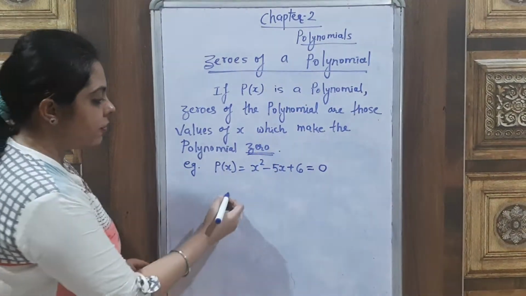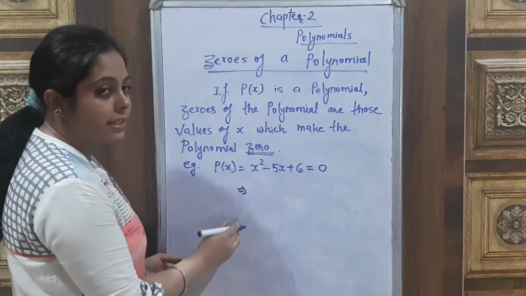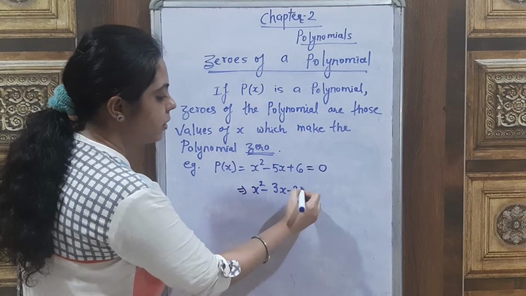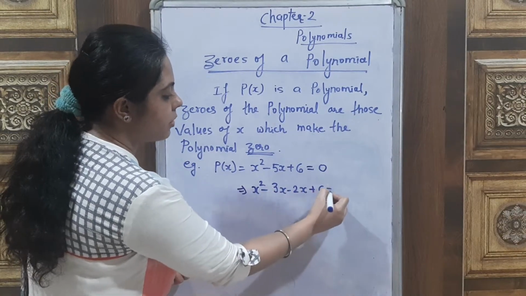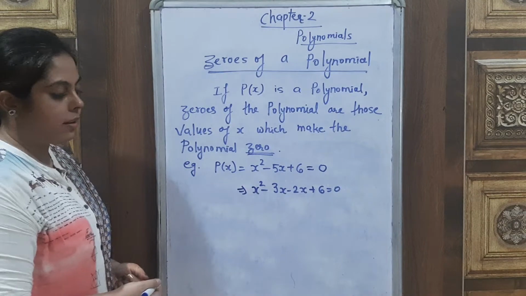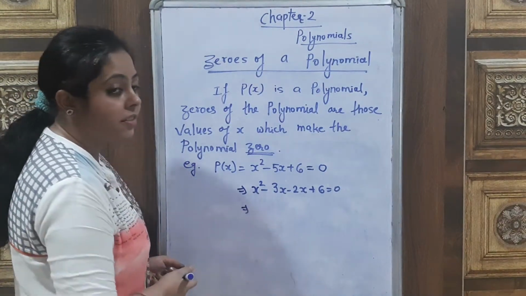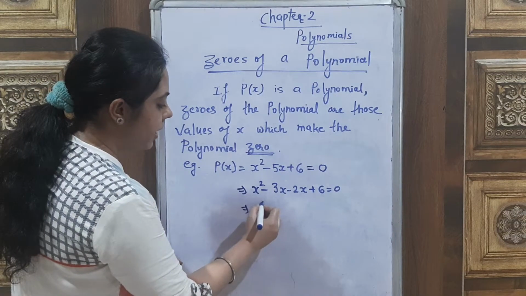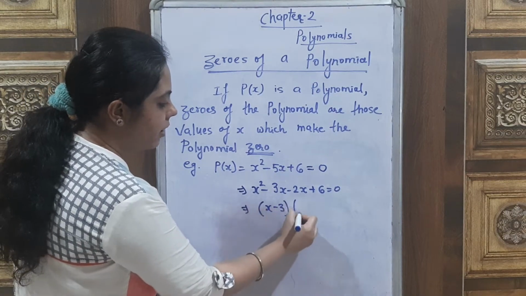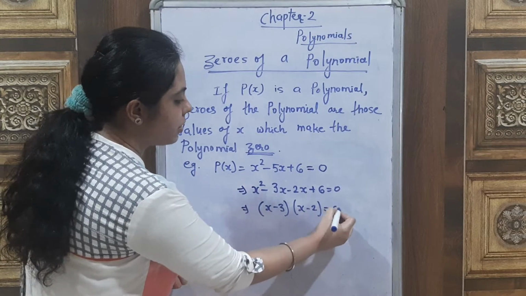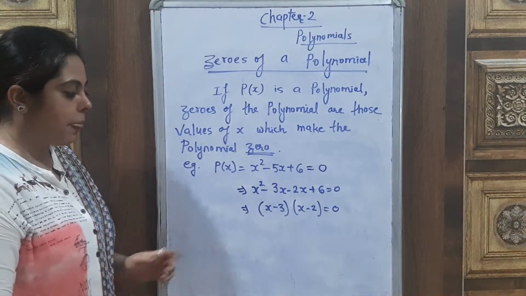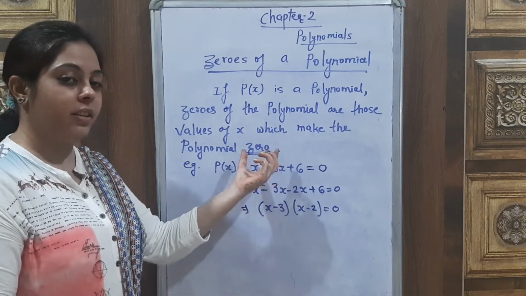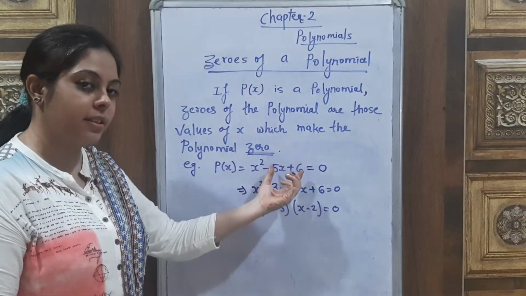So for this, first we break the middle term 5x as 3x minus 2x, plus 6 is equal to 0. Now we make the factors of this equation. So we get (x - 3)(x - 2) = 0. Here x - 3, x - 2 are the factors of the polynomial x² - 5x + 6.